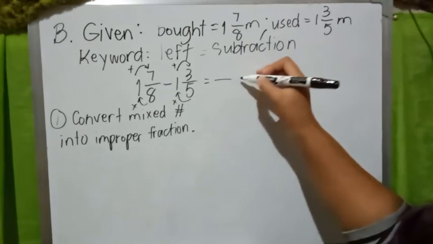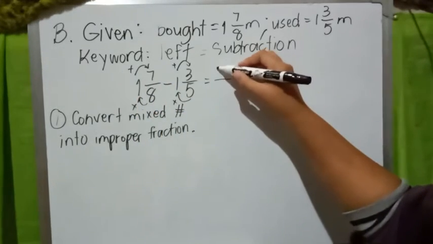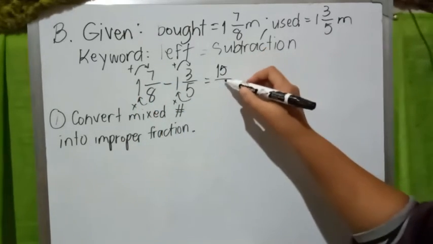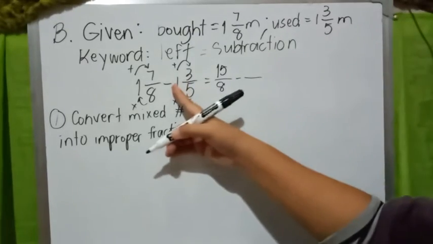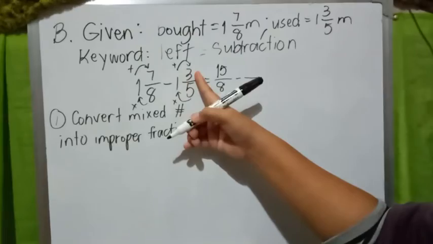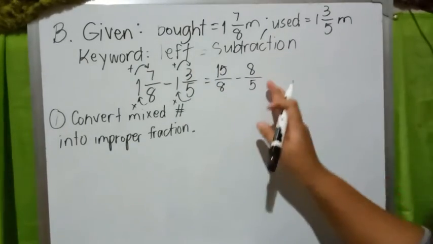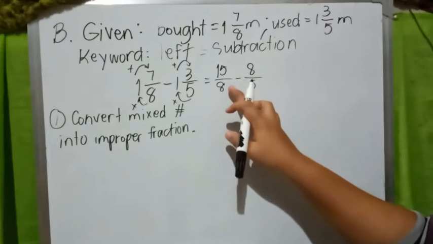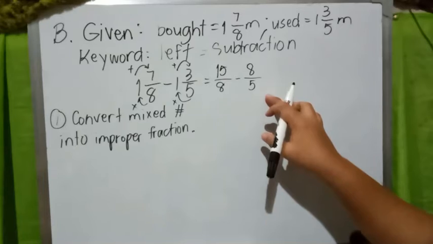So let's find out. 8 times 1, that is 8 plus 7, 15 over 8 minus 5 times 1, that is 5 plus 3, it's 8 over 5. So now we have the new fractions of 15 over 8 minus 8 over 5.